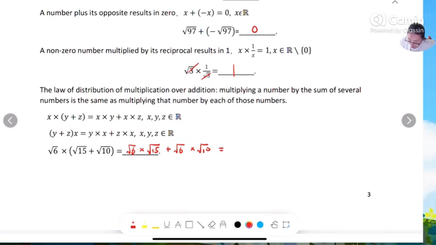So it's equal to the square root of 90 plus the square root of 60, which is equal to 3 times the square root of 10 plus 2 times the square root of 15.